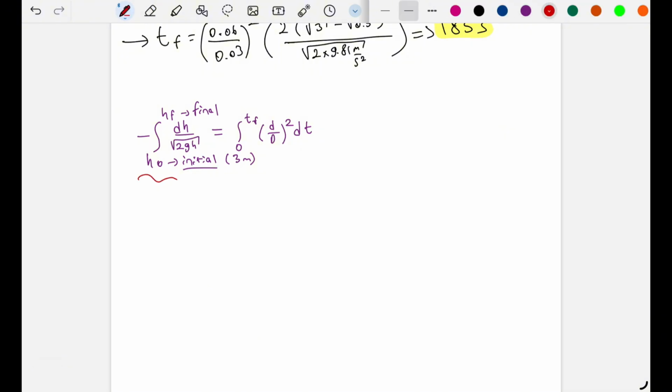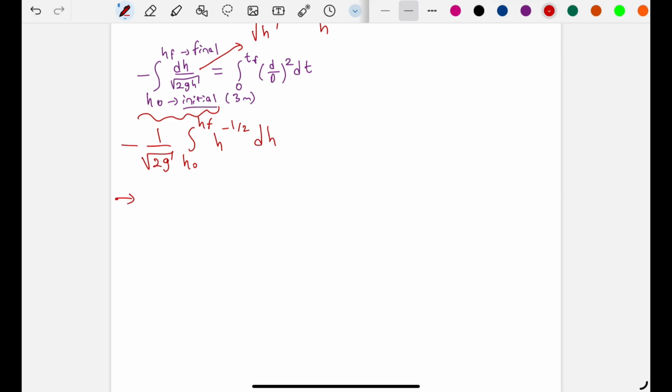So we can actually write this part like 1 over square root of 2g because it is constant and we can move it to the outside. So we will have h0 and hf, and we will have 1 over square root of h. So this actually means h to the power of minus 1 over 2. So let me write it like that, dh.